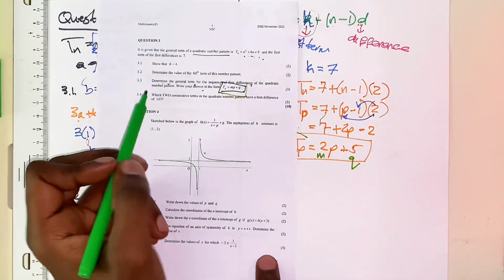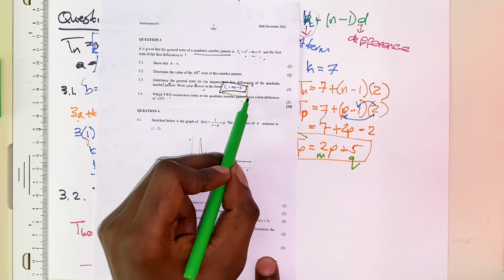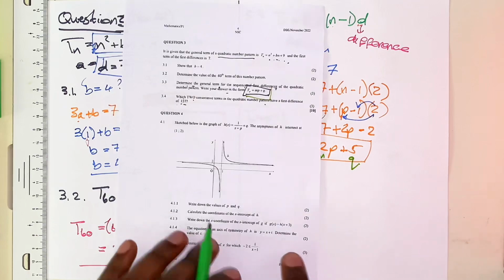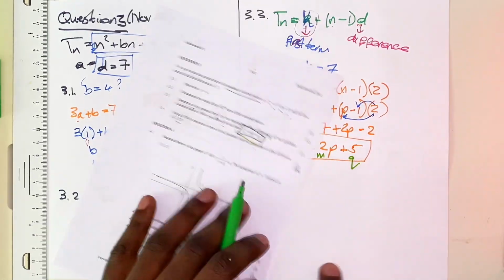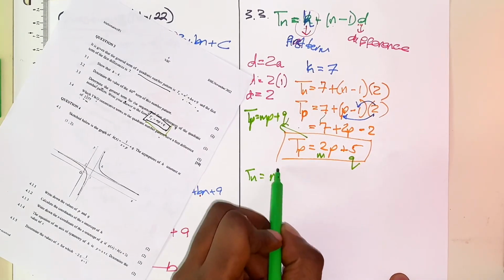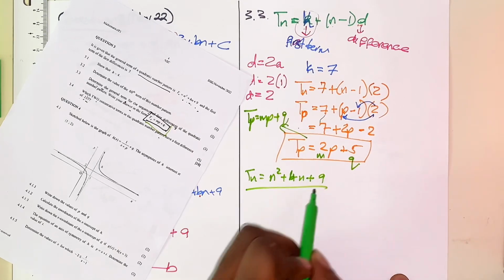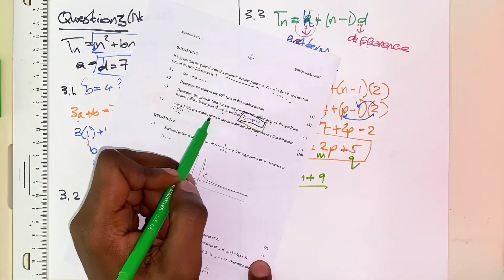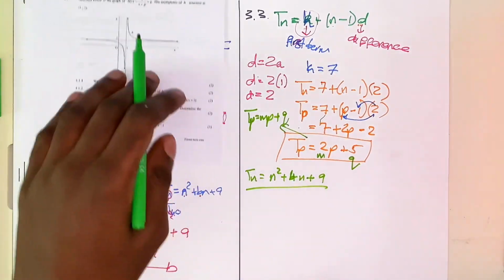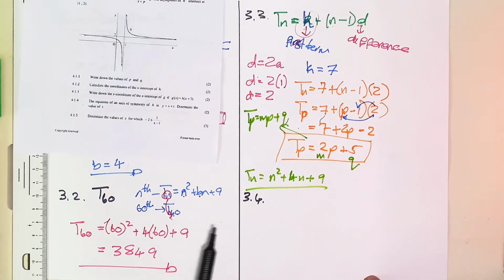The last question says, which two consecutive terms in the quadratic number pattern have a first difference of 157? Now, in your quadratic sequence, which is now given by Tn is equal to n squared plus 4n plus 9, which two consecutive terms have a first difference of 157? Now that is 3.4. Now that should be simple.